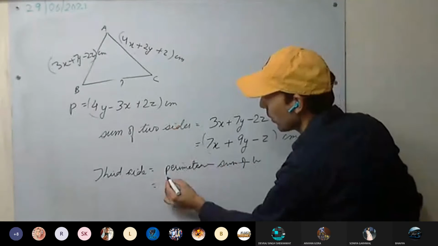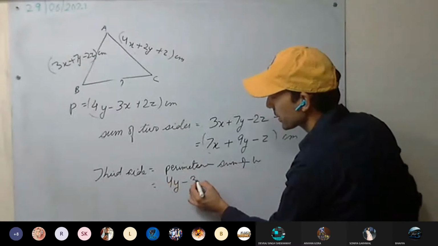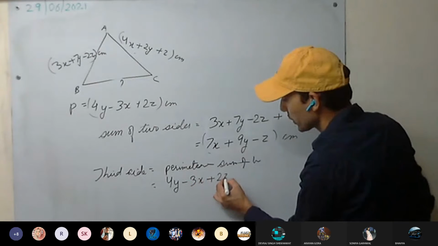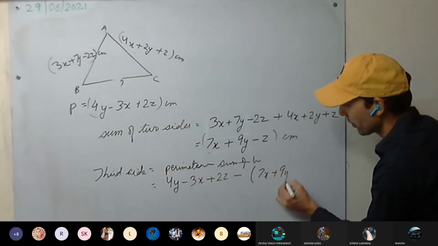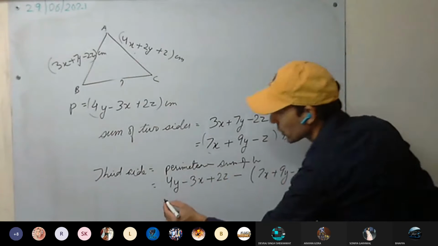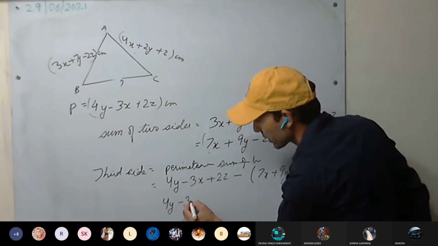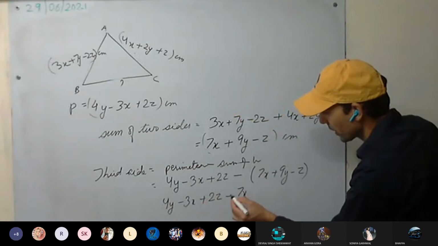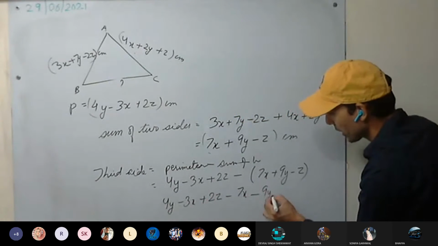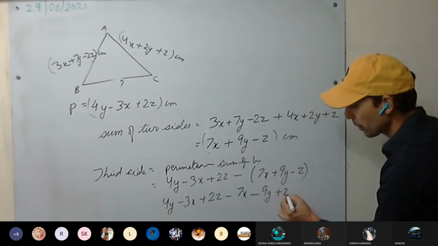So how much will it be? 4y minus 3x plus 2z, minus 7x plus 9y minus z. So 4y minus 3x plus 2z minus 7x minus 9y plus z.